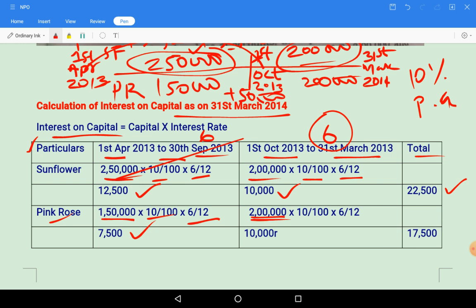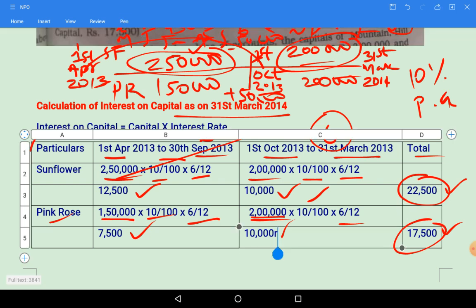So 2 lakhs into 10/100 into 6/12, it is 10,000 rupees. 10,000 plus 7,500, 17,500. These are the answers. Okay, this is how we need to do.